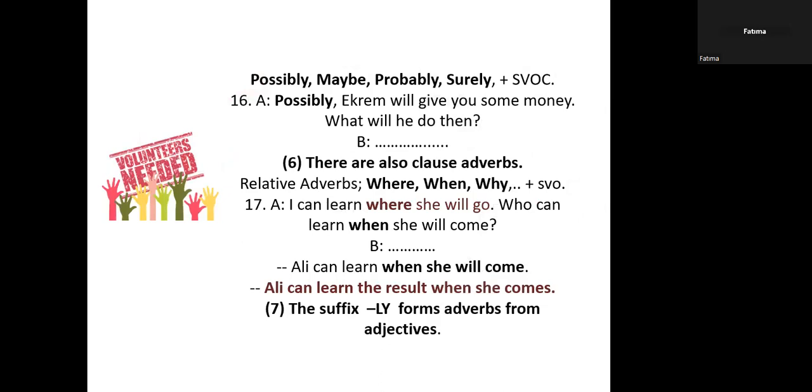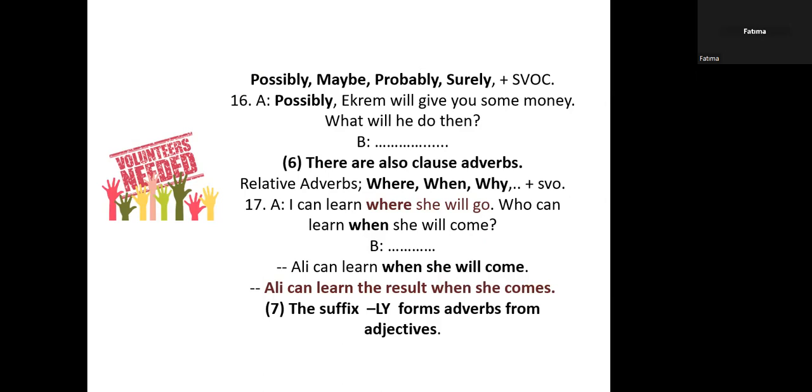You make a sentence by starting with possibly, maybe, or probably, or surely, for example. Possibly, he is Ahmet Bey, who is coming towards us. Okay, who is that man? I am not sure, but possibly he is George. Okay, yes.